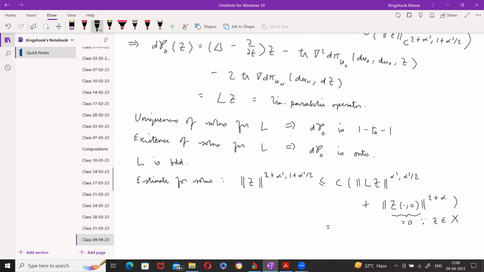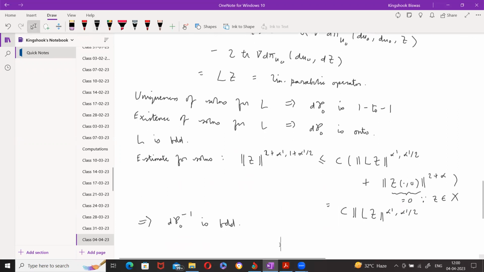Okay, so this becomes just a constant times the norm of Lz, alpha prime by 2. Okay, so this norm of z is bounded by a constant times norm of Lz. This implies that the inverse of this derivative is bounded. Is this clear? All right. Yes, sir. Yeah. So that finishes the proof of this short-term existence. All right.